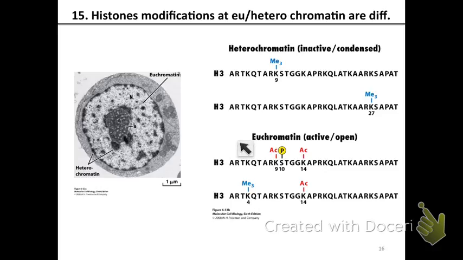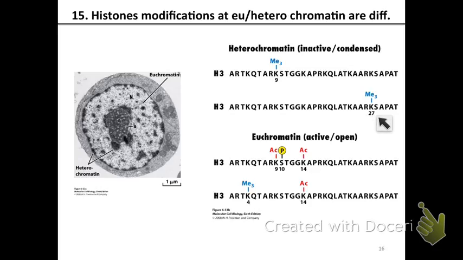what you will find is that methylation of lysine 9 on H3, which we would shorten as H3K9me3, is usually found in heterochromatin regions. Methylation of lysine 27 on H3, H3K27me3, is also found in heterochromatin.